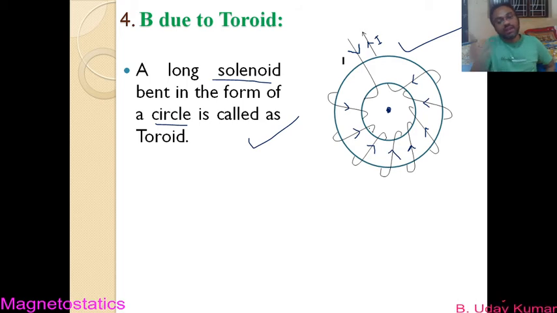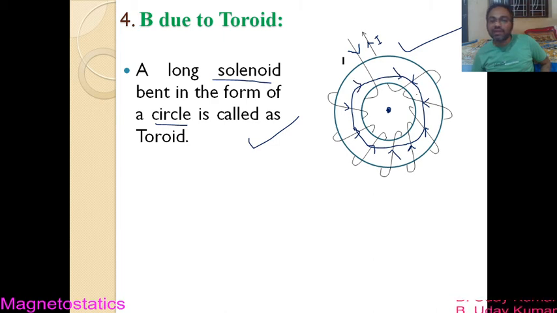By the right hand rule, the magnetic field is produced inside the toroid and its direction will be like this, in clockwise direction. So that is what you have to understand.